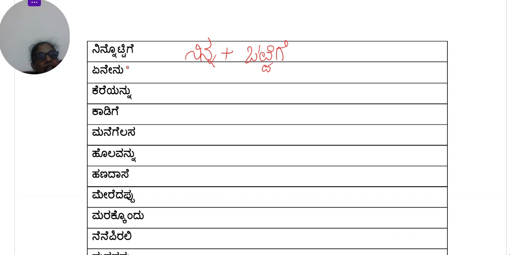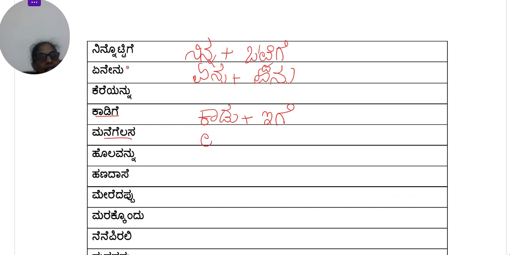Yenenu, you will split as Yenu plus Yenu. Again the u is lost here, and Yenenu it becomes. So this is also a Lopa Sandhi. Now let us take this. Kadu plus Ige, Kadige. This also is Lopa Sandhi.